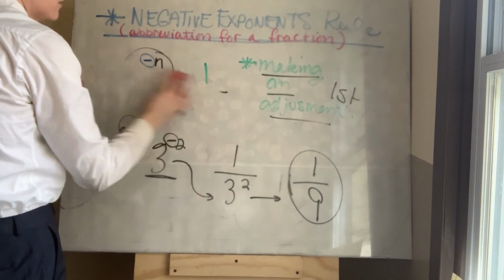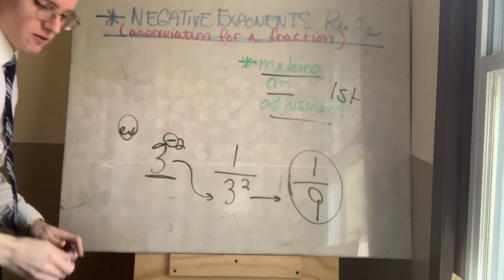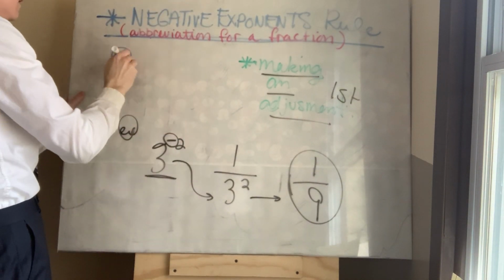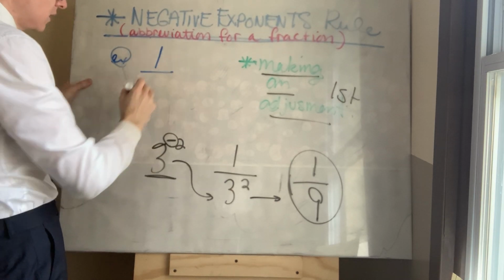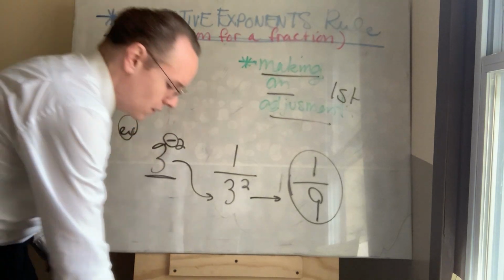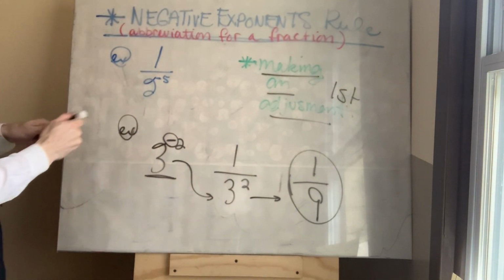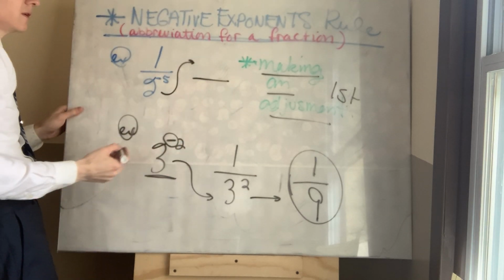If, on the other hand, you had a problem where the thing starts as a denominator, 2 to the -5th, you could move this to just the opposite tier.